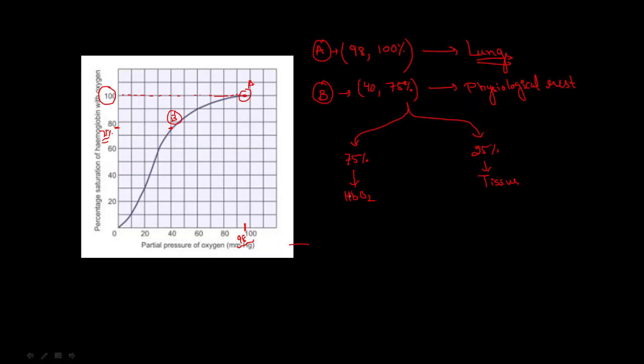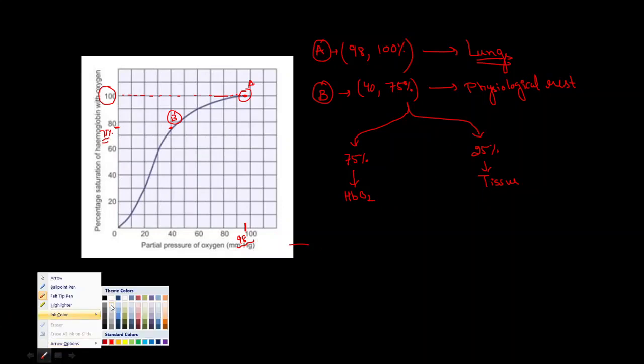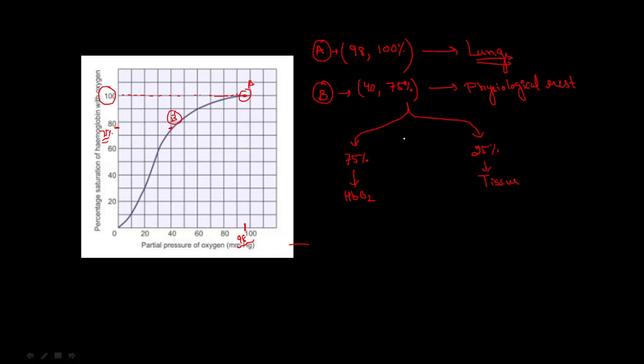Let's say in any situation, per 100 ml of blood, 20 ml of oxygen is present. In this particular situation, when our body is at physiological rest, from this 20 ml of oxygen, 75% is present in the blood in the form of oxyhemoglobin.